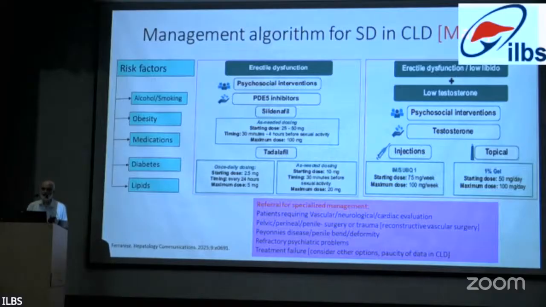If erectile dysfunction with low libido and we find that testosterone is low, then besides psychosocial interventions, testosterone can be used, injectable or topical. But it is a multidisciplinary management and we might need referral to specialized management for patients requiring vascular, neurological, cardiac, pelvic, perineal, penile, and so on and so forth.